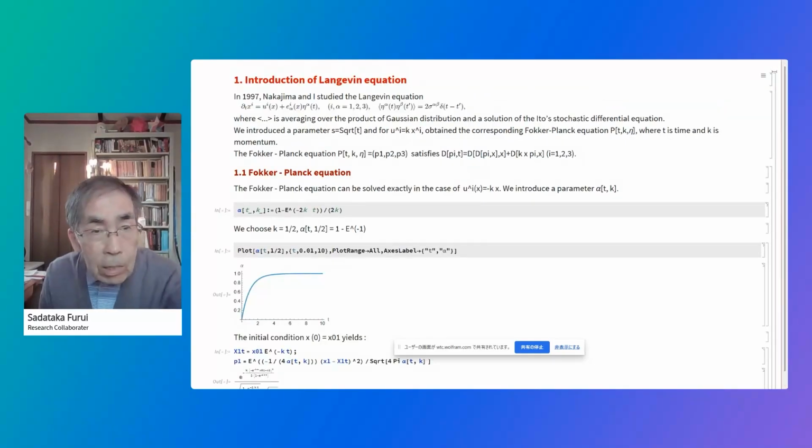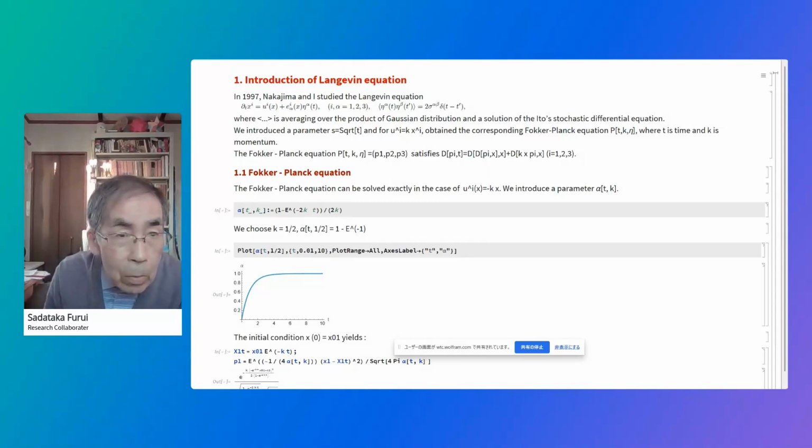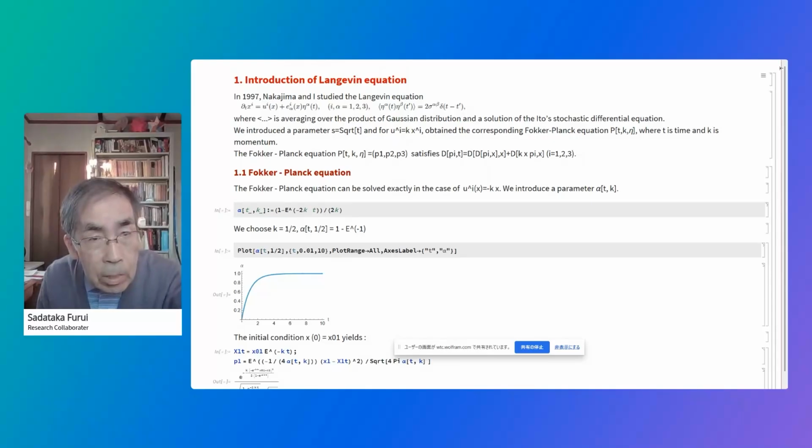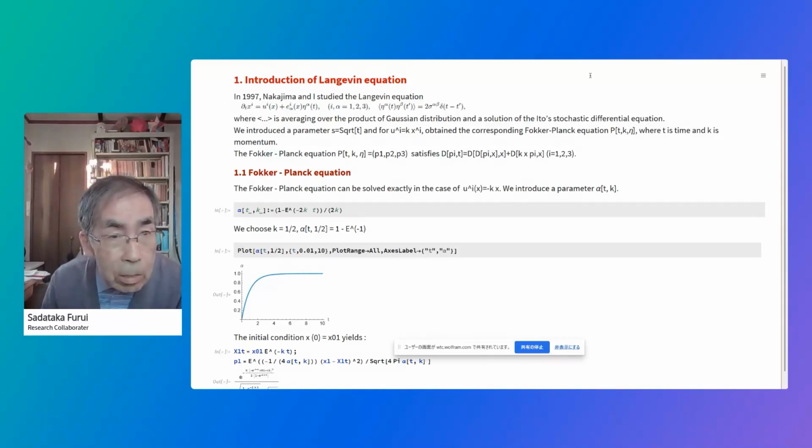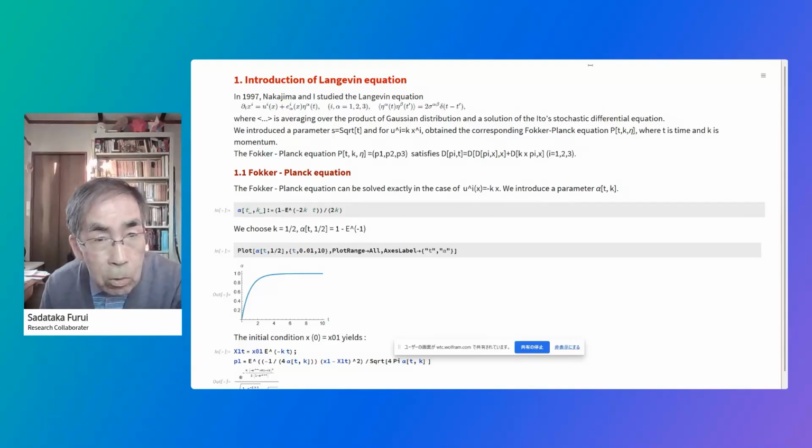The Langevin equation I did in 1997 with Professor Nakajima. The Langevin equation is shown in this kind of differential equation. And eta, this bracket, is averaging over the product of Gaussian distribution and the solution of the stochastic differential equation.